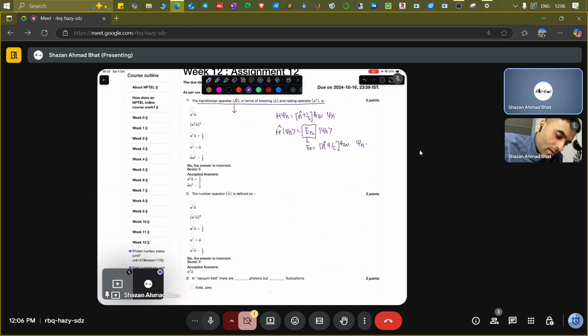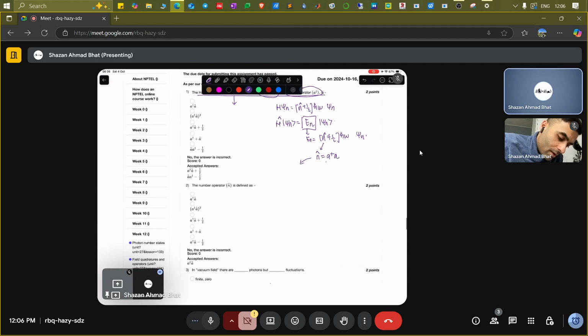And if you have to write it in terms of the lowering and raising operator, this n can be written as a dagger a. If you do some manipulation, you can write it in terms of a a dagger also, but you will get a negative sign here.